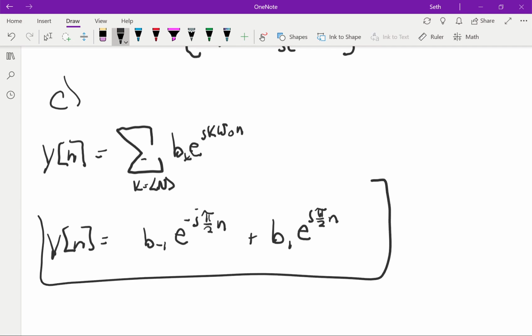We solved for b1 and b minus 1 in part B. On the exam, you should write those here. Of course, I'm not writing them here because we just did. That's number 9.